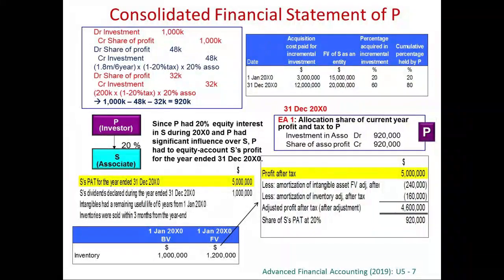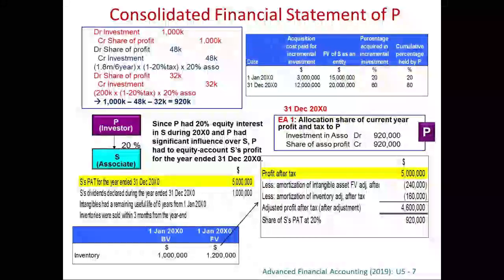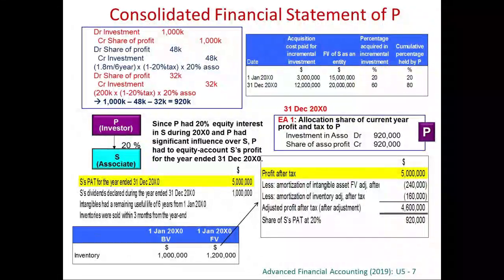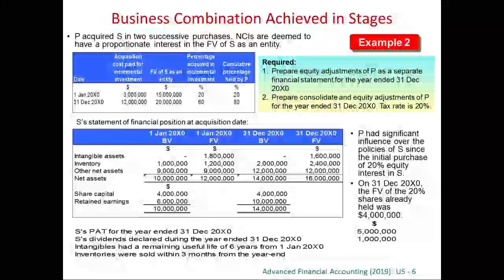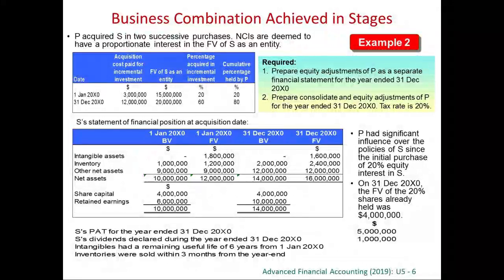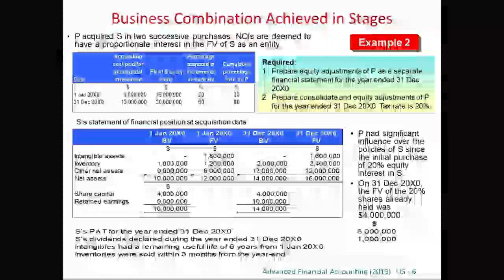So the amount is 1.8 million amortized over 6 years after tax, and we share 20% as an associate. Understand? Yes. So not only intangible assets have additional amortization, the inventory has a fair value increment of 200,000. Right? The question says that the inventory will be sold within 3 months from the year end. That means this 200,000 fair value adjustment is no longer required.